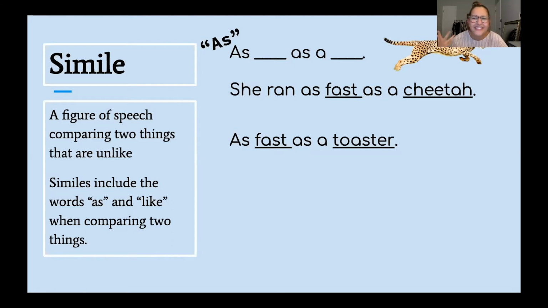Those are two unlike things, but they don't have something in common that I can really compare. With the girl running fast and the cheetah, it's because both of those things run really quickly. But if I wrote that she runs as fast as a toaster does, that doesn't really make sense.